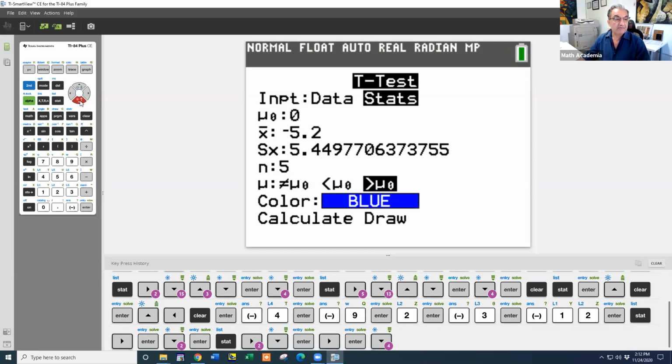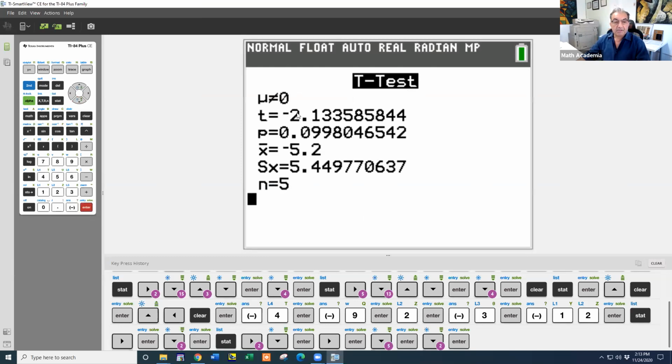N is 5, and we pick the test that says not equal to. And all you have to do is calculate. Negative 2.13, so the calculator gives you the test statistic and you have the p-value also, and x bar and s sub x are there too.